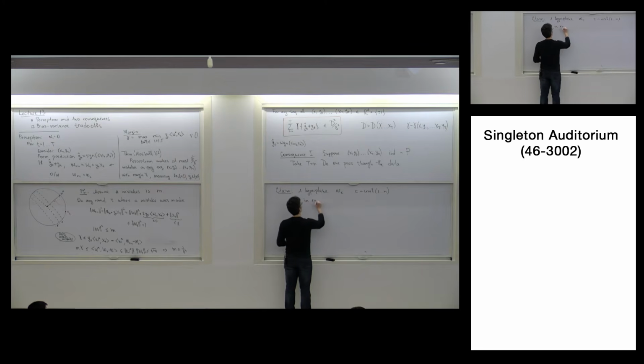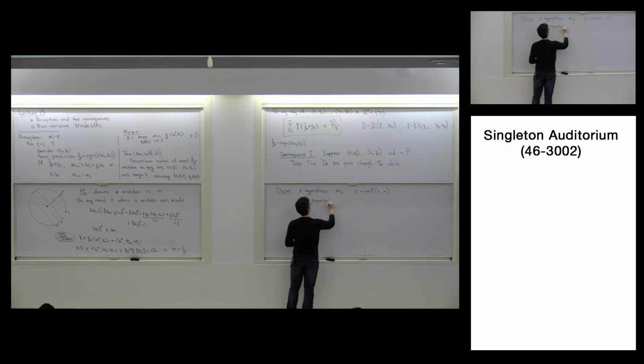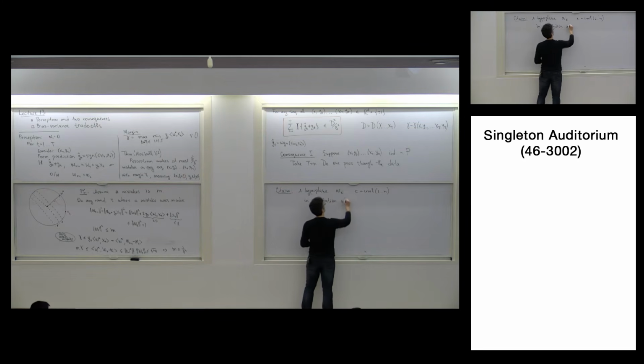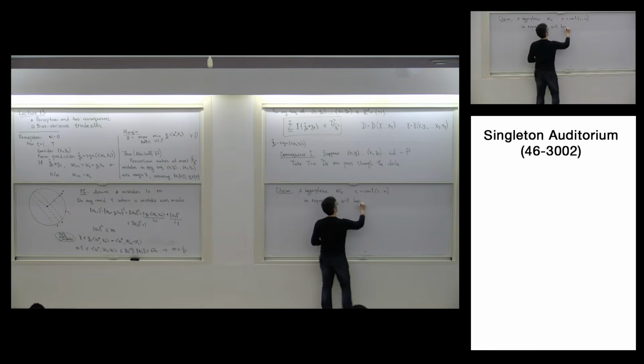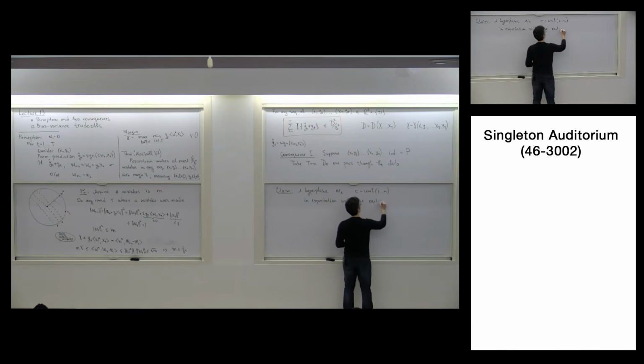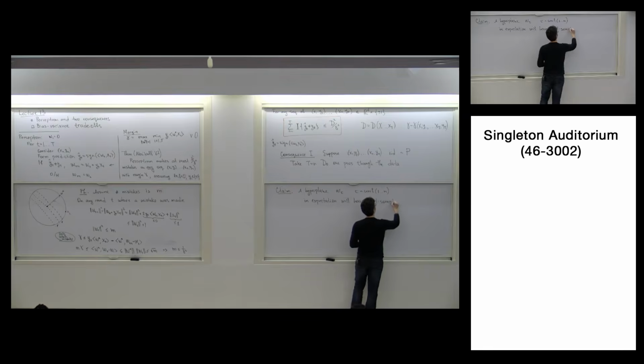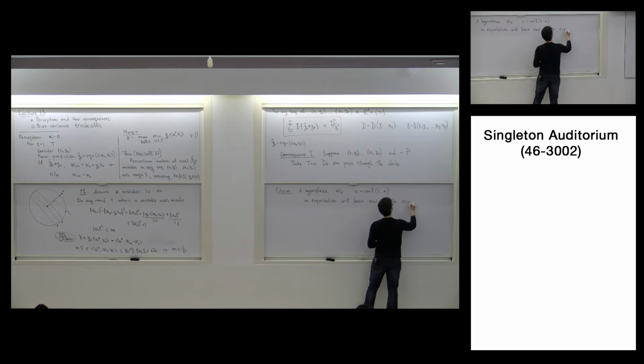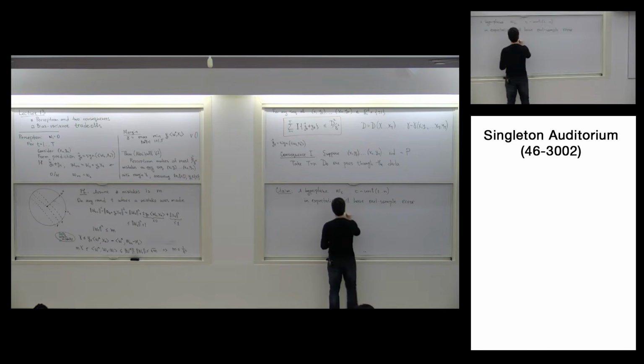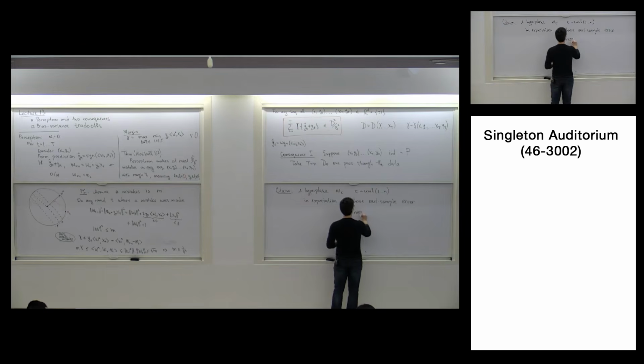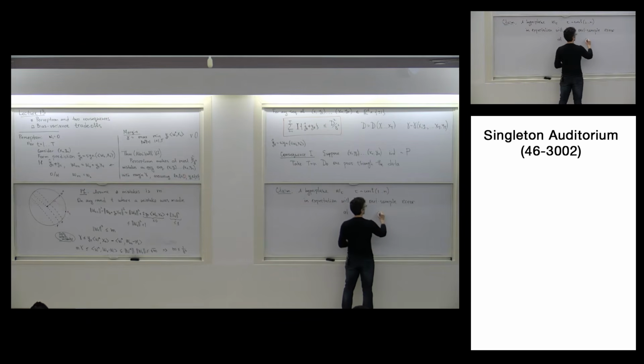In expectation, we'll have out of sample error at most 1 over n.